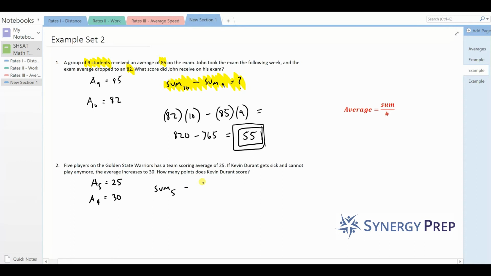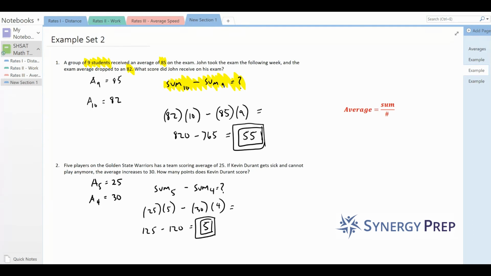So sum 5 minus sum 4. Again, it's average times the total number. So it's 25 times 5 minus 30 times 4. So 25 times 5 gives you 125. 30 times 4 is 120. So KD was scoring 5 points in a game. Pretty bad day.